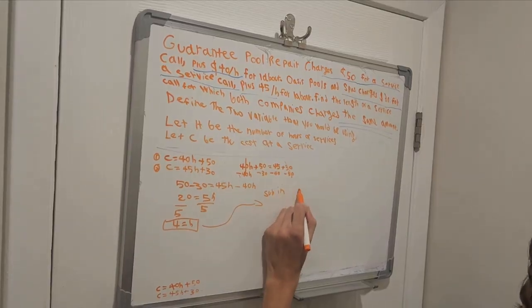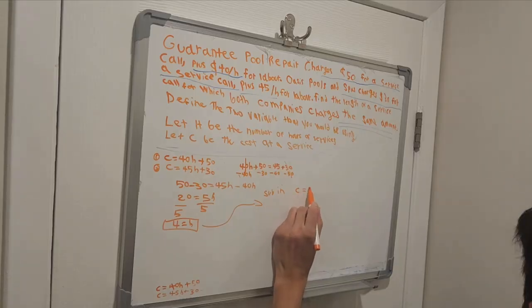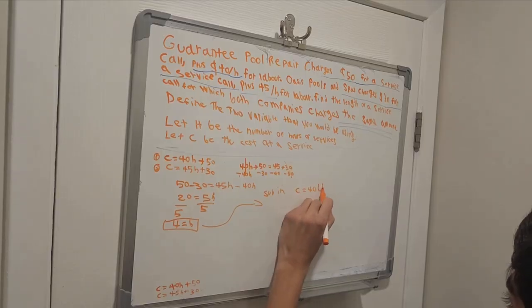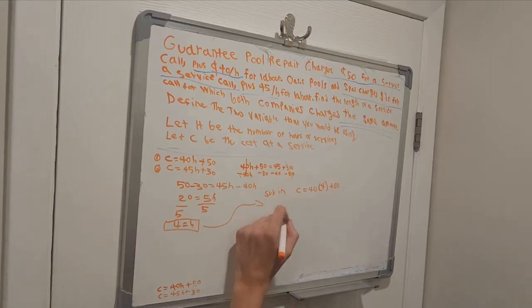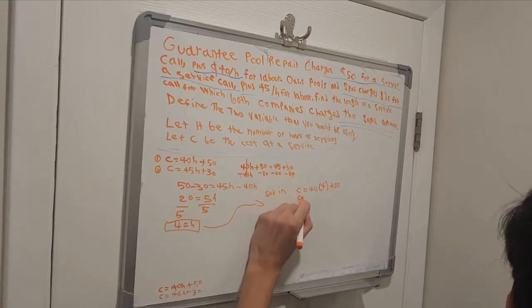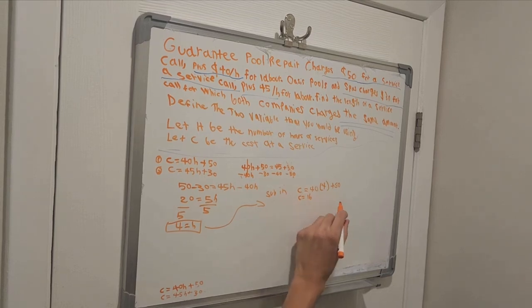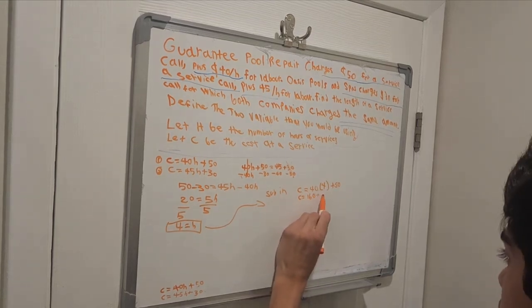So C equals 40, but we gotta add the 4 because we're subbing it in, plus 50. Now we do C equals 160, because 40 times 4 is 160, plus 50.